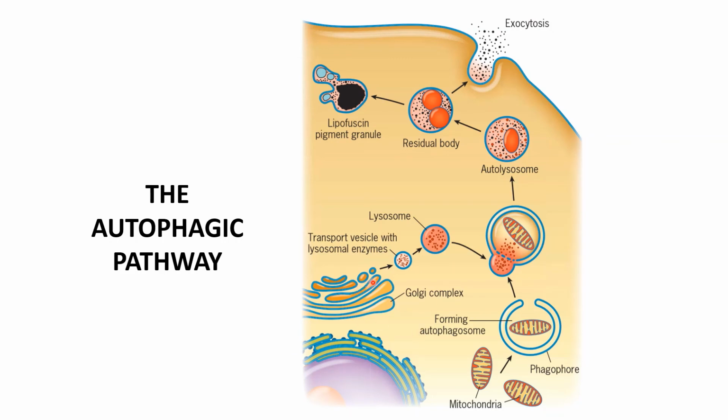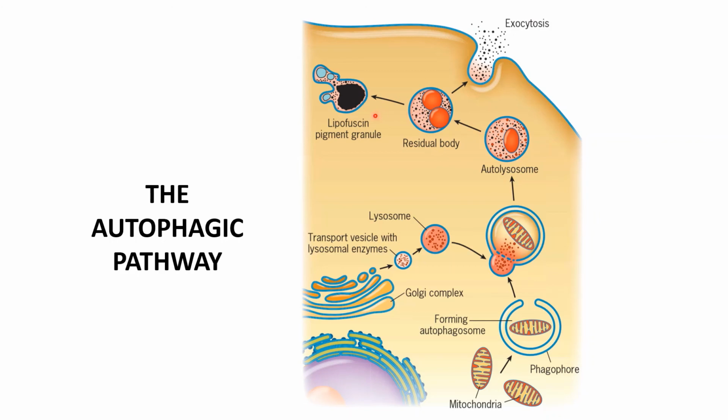So enzymes going to the lysosomes, as we see here, carried with the clathrin-coated vesicles. They merge with a phagosome. So this is the phagosome containing the organelle that's about to be destroyed. And so they merge together and the organelle is destroyed.